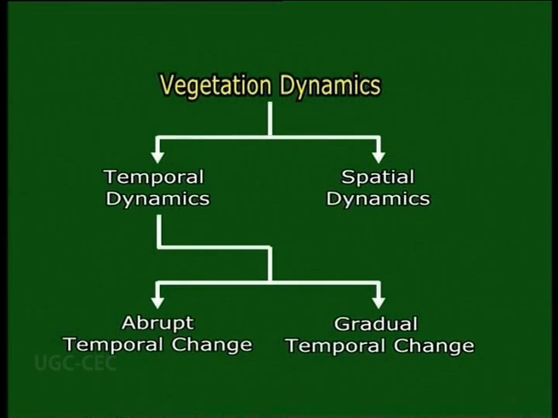Now let us know about the second type of vegetation dynamics, referred to as the spatial dynamics, which is related to the heterogeneity of the ecosystem. In natural systems, there is always heterogeneity, although its scale and intensity will vary widely.